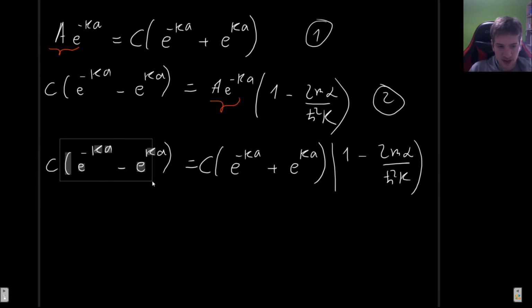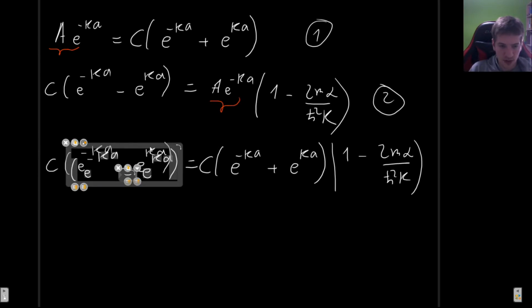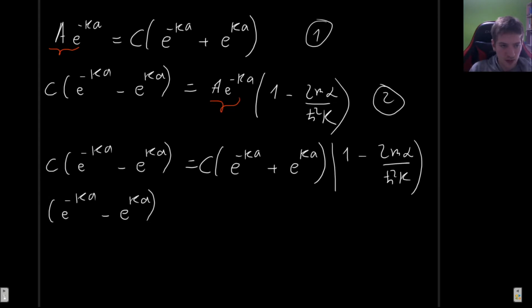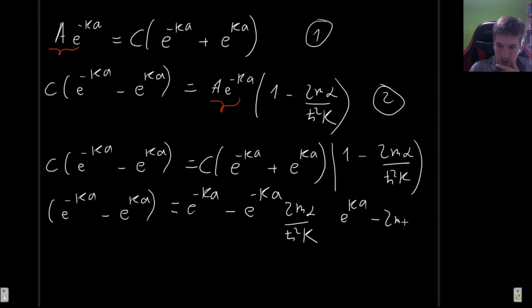The constant c will cancel out here, so we can just leave it out. So now we multiply. So we get this times 1 is e to the minus ka. Then we have minus e to the minus ka times a factor of 2mα/(ħ²k). Then we have e to the ka minus 2mα/(ħ²k) e to the ka.